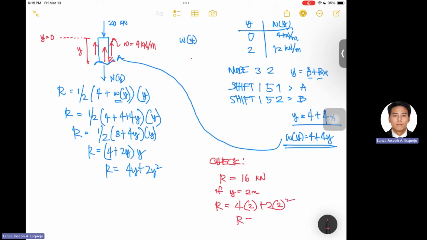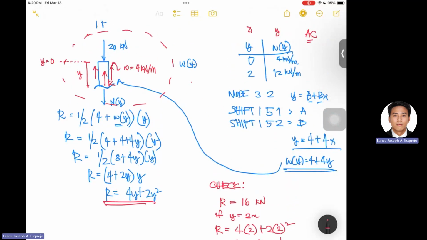And then we'll end up with 16 also. So this equation now represents the resultant of the frictional resistance in terms of y value, or the location of this section.